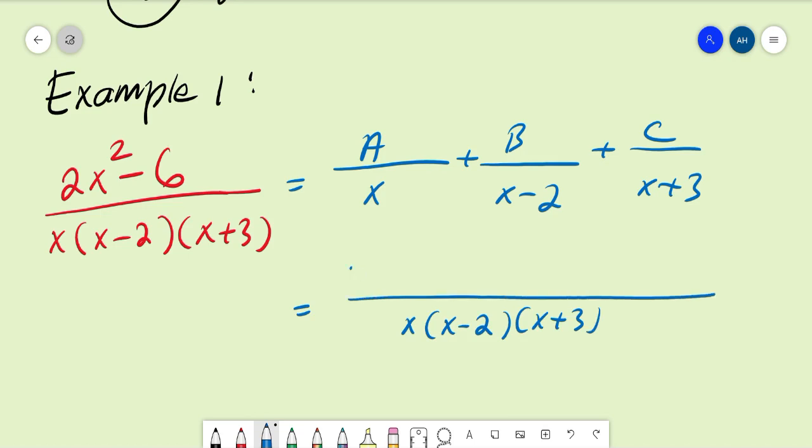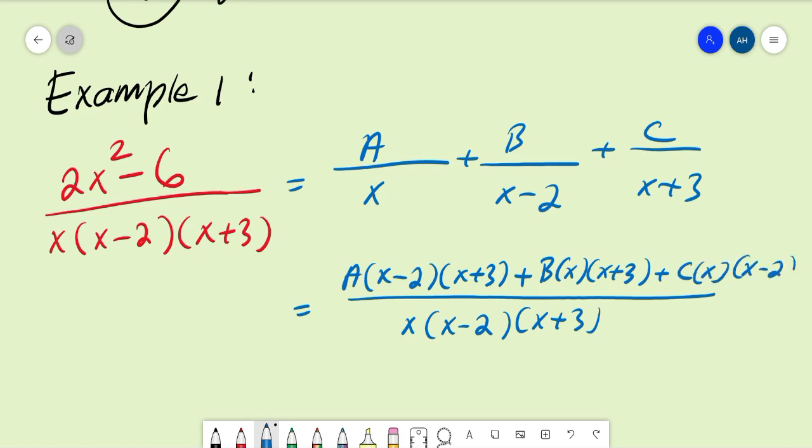So a has to multiply by x minus 2 and x plus 3. For b, we have to multiply by x and also x plus 3. For c, we have to multiply by x and also x minus 2.